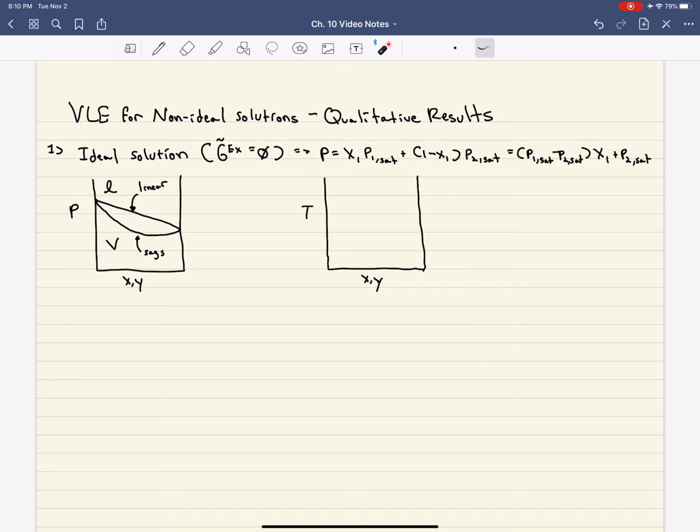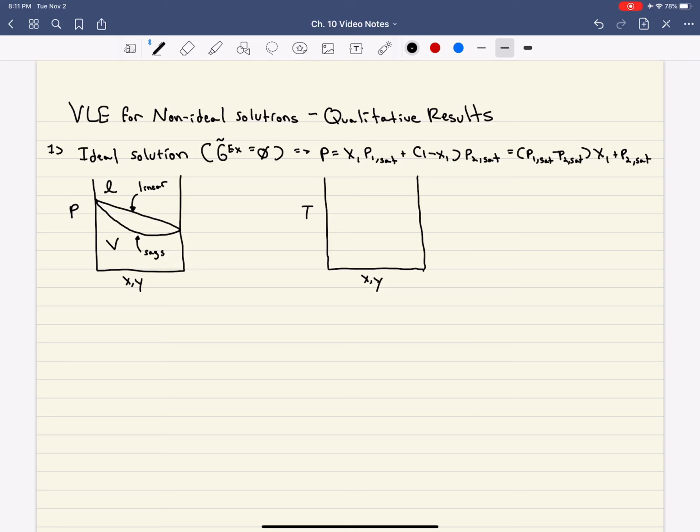And so in this case, P1 sat is lower than P2 sat, so species 1 is the less volatile species. In that case, you would get a negative slope. If it was the reverse, where species 1 was the more volatile species, you would get a positive slope. In any case, for the ideal solution, the liquid line is linear and the vapor line is going to be sagging.